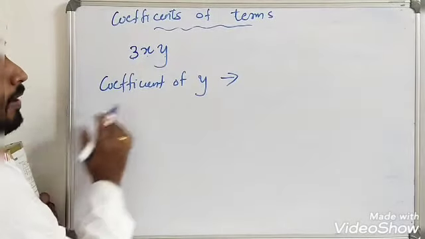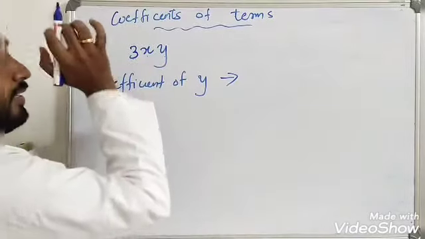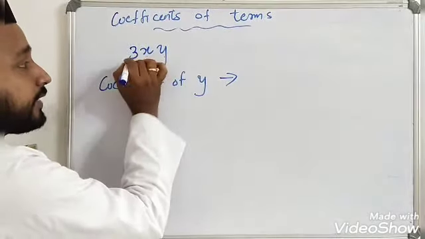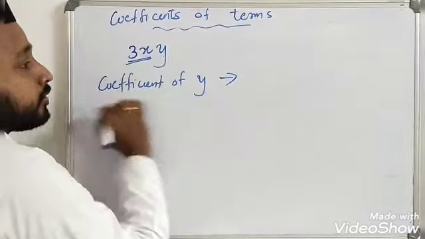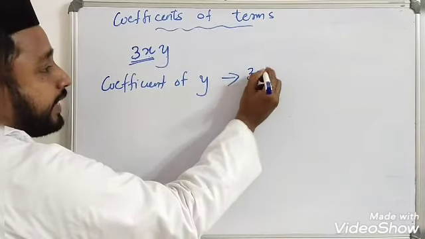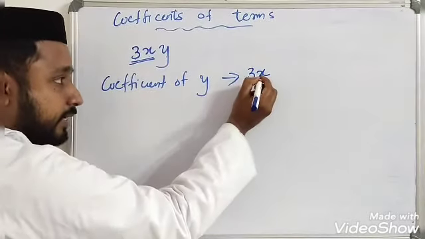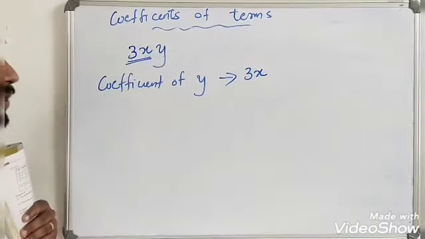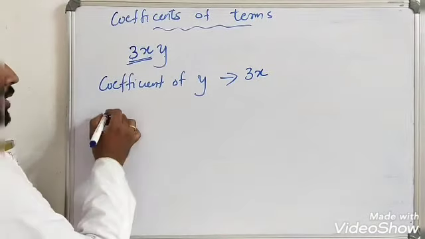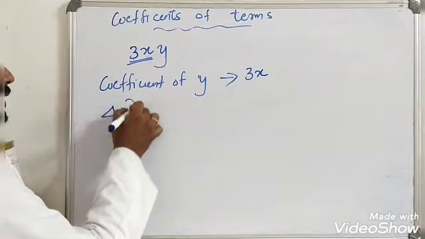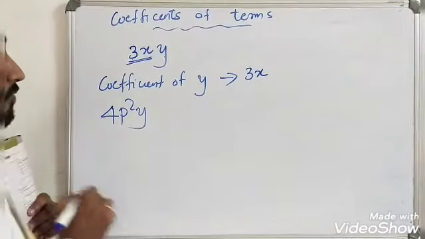We studied that. But what about the coefficient of y? The coefficient of y is 3x. So in that, we say the x will also come. Then for 4p square y, what is the coefficient of p square?